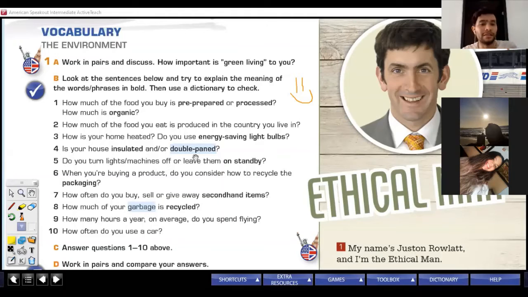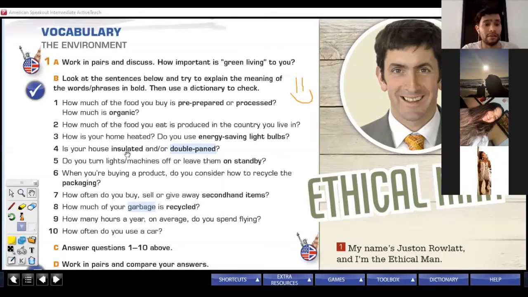In this case, an insulated house is like aislado or aislada, right? When it doesn't have the company of anything else. Maybe a house in the middle of the forest is an insulated house. Very good, miss. A great example.